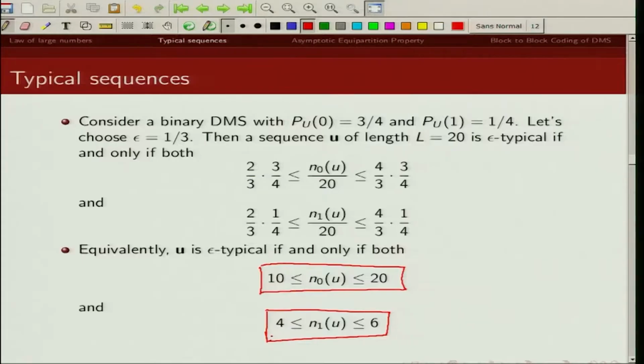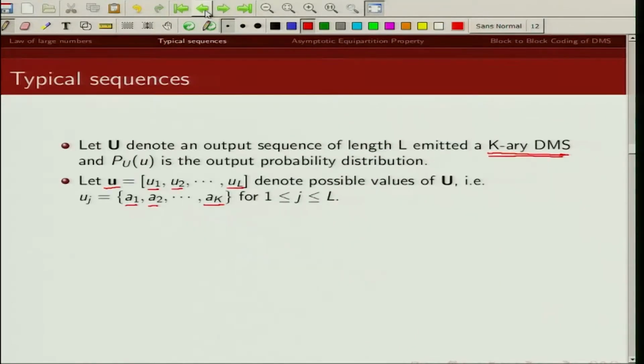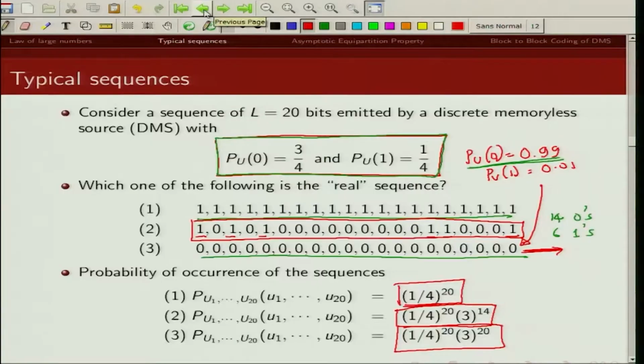Now you go back and see the example that we did earlier. Here the number of ones are 20 and number of zeros are 0. Here number of ones are 6 and number of zeros are 14, and then in this particular example number of ones are 0 and number of zeros are 20.